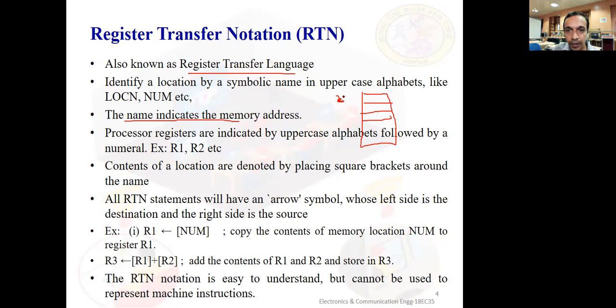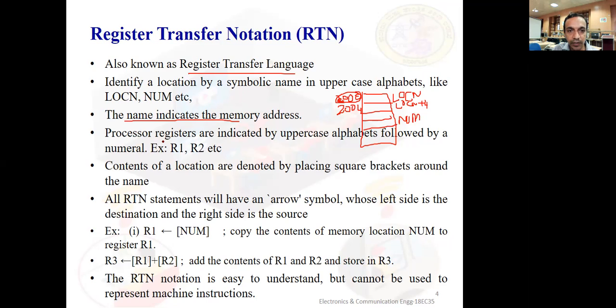Since we do not know the physical address of the memory at any time as a user, because assigning memory is a part of the operating system, instead of using absolute numbers as addresses, we provide names. For example, this is LOC, and this is naturally LOC plus 4. Or any other name of your choice you can use. It's just a set of English letters. For example, you can call this NUM, or any name like that.